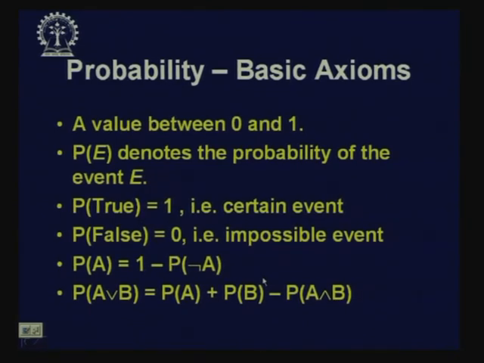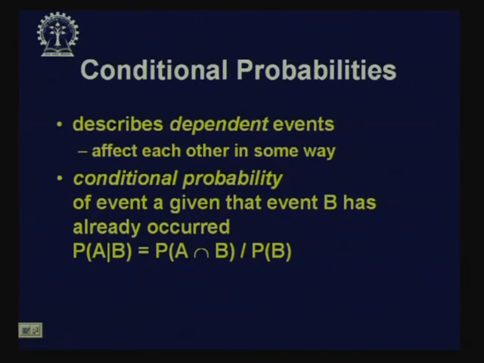So, these are the basic axioms of probability which we will need to use. Next, till now we have been discussing independent events. Now, we are coming to the case of dependent events. Dependent events means they affect each other in some way. One of the ways they can affect is causality. If the voltage across a circuit is increased, the current flow will increase.